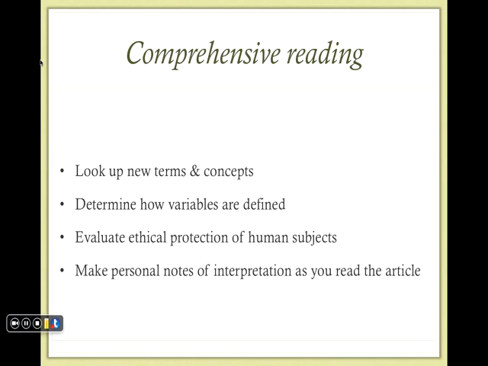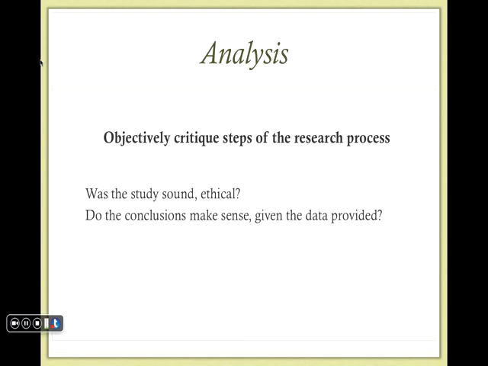This is a huge issue in research, and we will be studying more about that in Module 8. Then you might want to make some personal notes of interpretation as you read the article. Make some notes in the margin, and these will be good items that you can compare and contrast with your group.